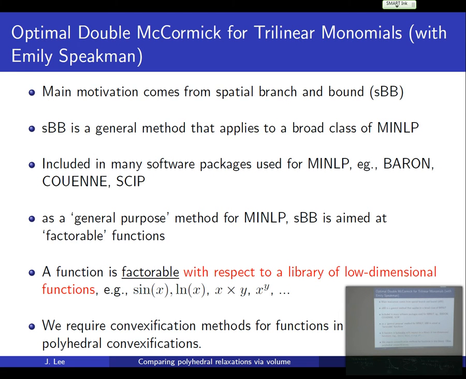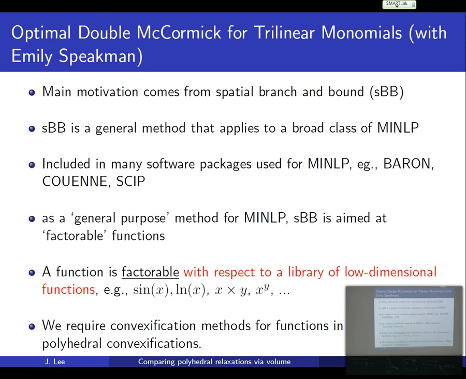So now I want to come to the second part, which is modern times. If you want to actually solve global optimization problems with software, you use a modeling language like AMPL or GAMS, and then you want software to solve your global optimization problem and not have to do too much work, you use packages like BARON, Couenne, and SCIP.